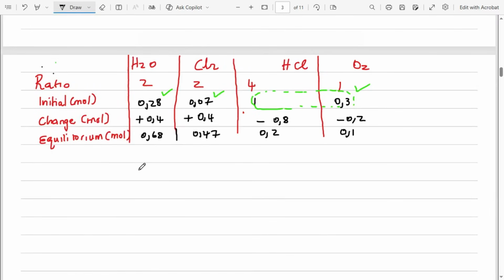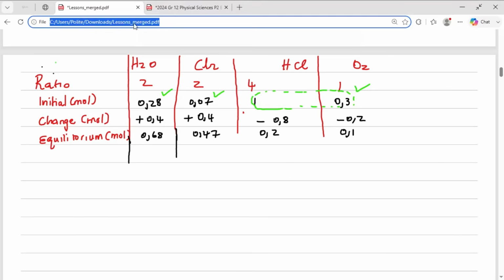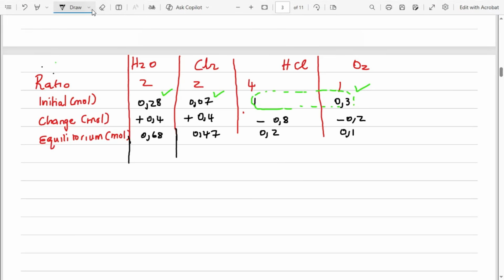So I'm going to add the last part, which is something that we're going to need to calculate our Kc. So far, they will give you 1 mark for this row here, which is the ratio. We definitely used the ratio to find those numbers. And then the last part is calculating the concentration at equilibrium.